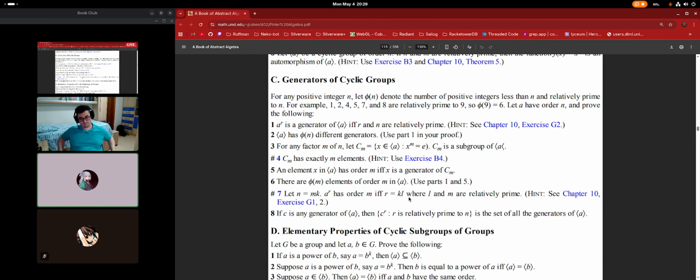For instance, if you try to repeatedly add 2 but your group has an even number of elements, we saw this before, you end up landing on only half of the elements. Yes, I remember that.